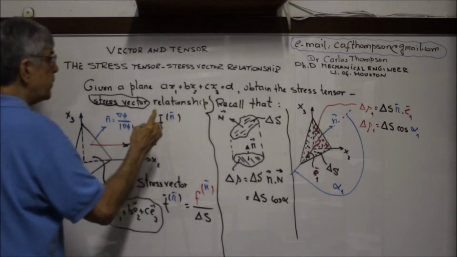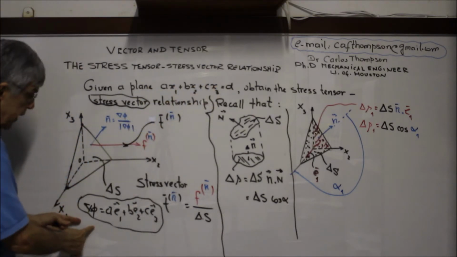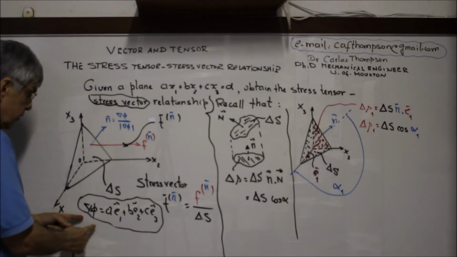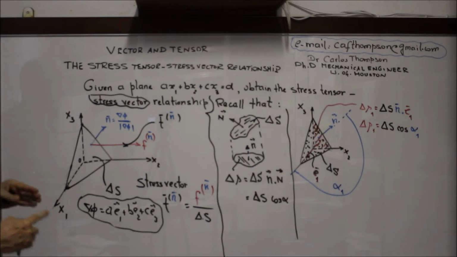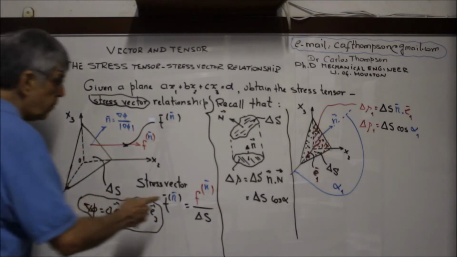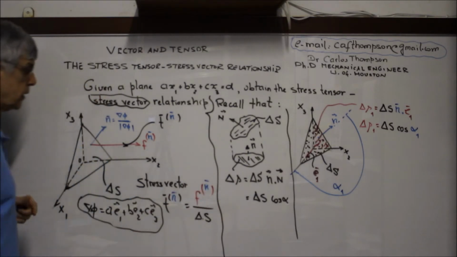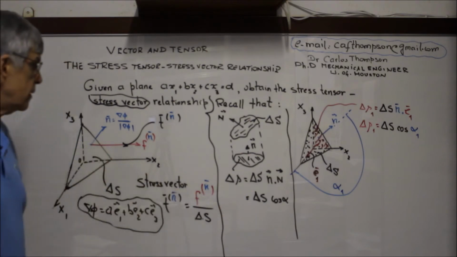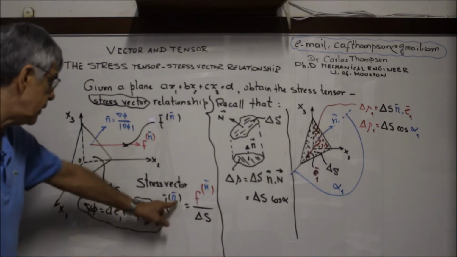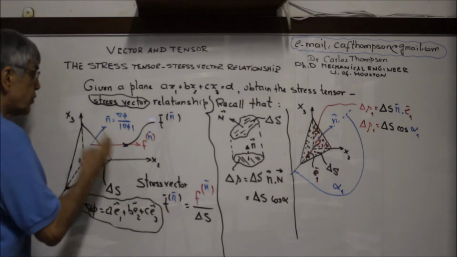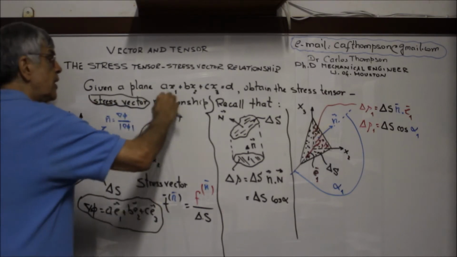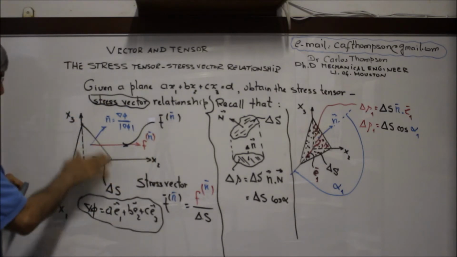For different a, b, c, we have a different gradient. If you have a different gradient, you have a different unit normal to the plane. So that's why, in general, we put an index on T. n is a unit normal vector, because if I change a, b, and c, I change the plane.